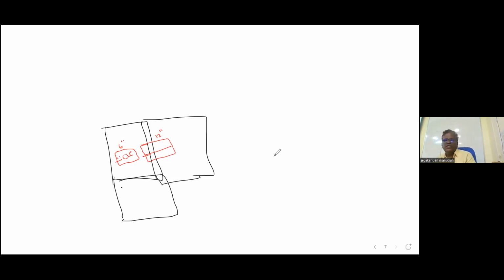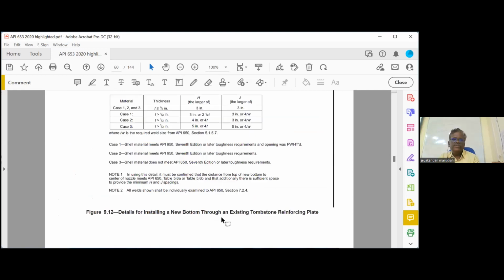And anything we are welding, suppose this is your shell and the bottom weld, you want to make a patch plate in this area, then it will be a tombstone shape. We have to put a tombstone. You can see the sketch here. Come to the next page, there is a sketch.